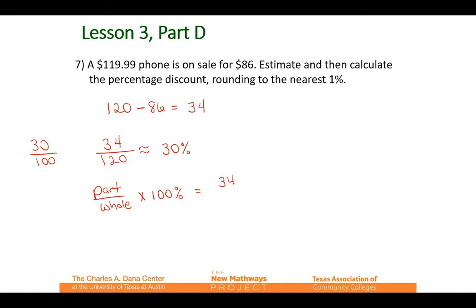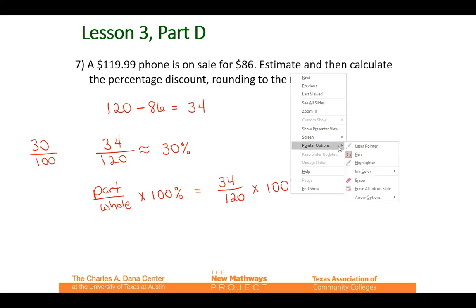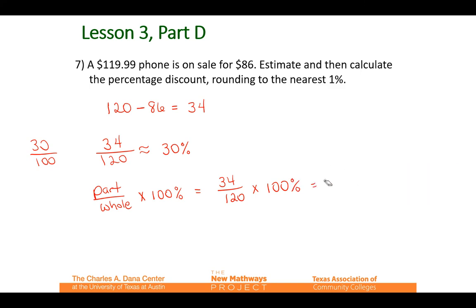So 34 over 120 times 100% came out to be 28.3%.